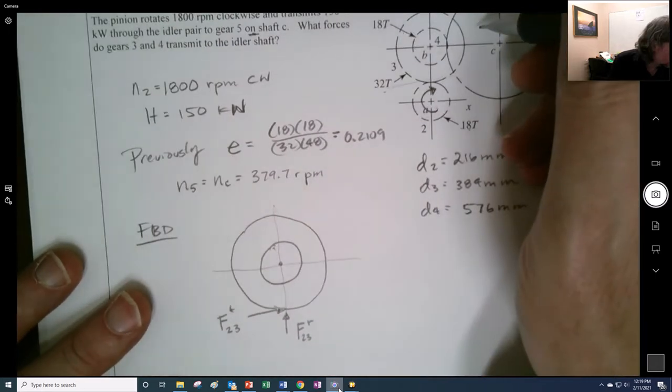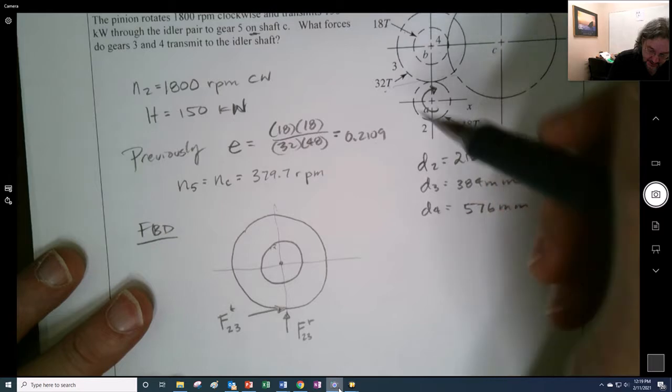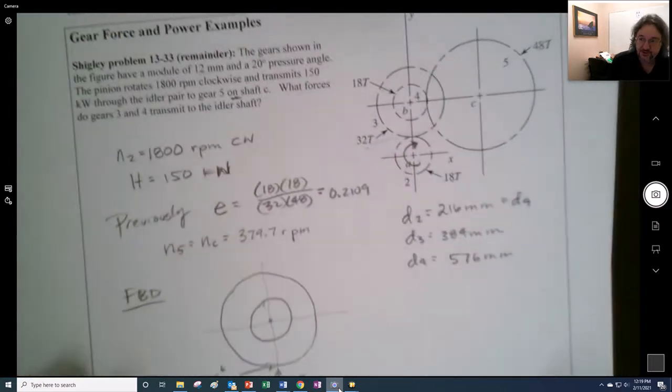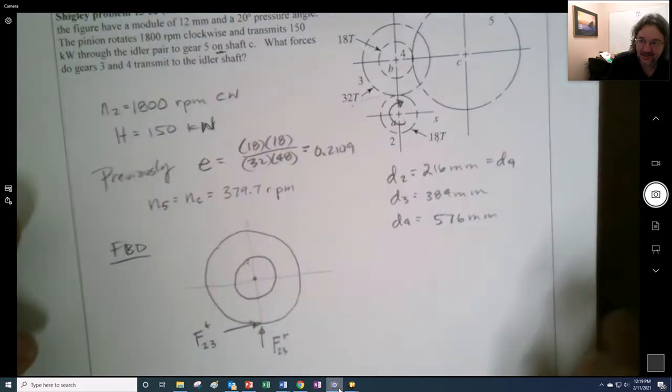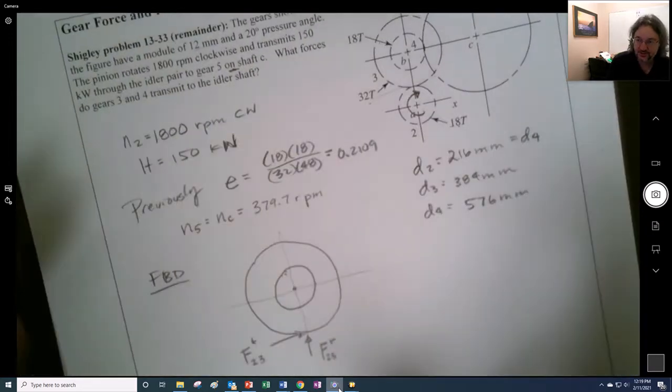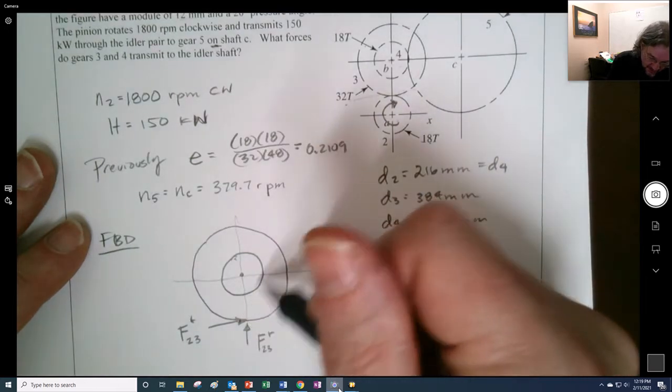Okay, so one thing is there's no torque onto this shaft right there, not as it's being drawn. We're saying that these two gears are connected to each other, so it has to balance out.